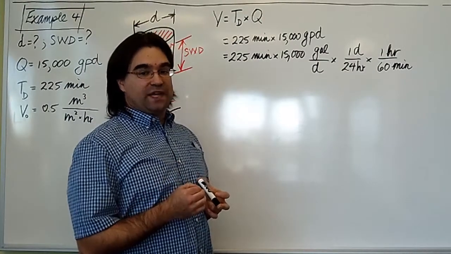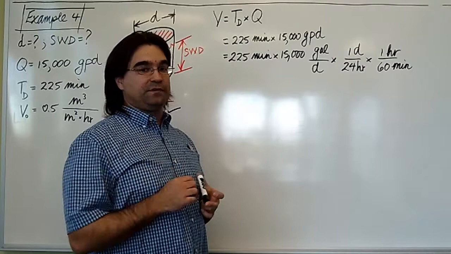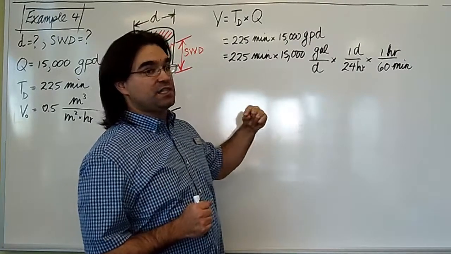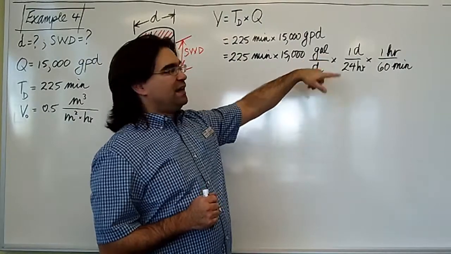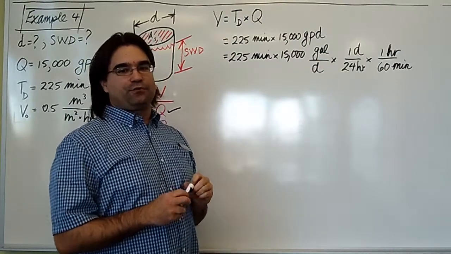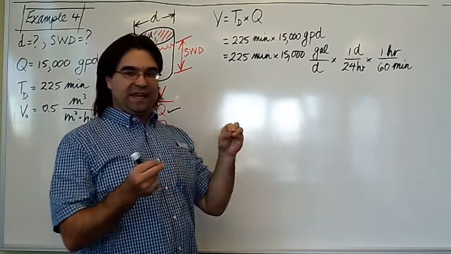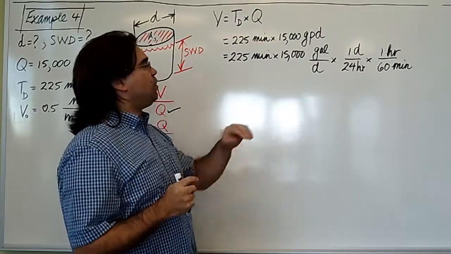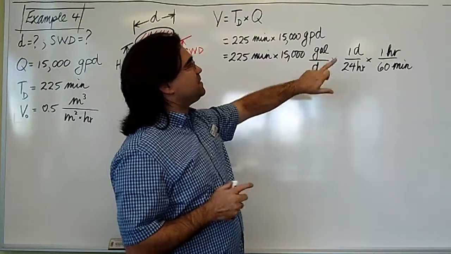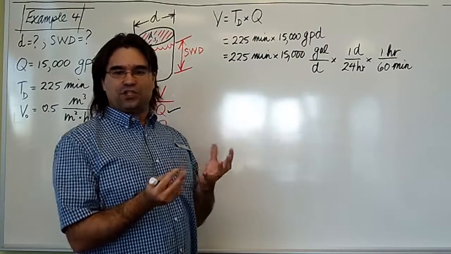Now, in addition to that, I'm also going to be preemptive and recognize that the units I'm going to get out of this for volume is going to be in gallons. However, as an engineer, I prefer to work with units that have lengths to it when it comes to volumes. It just works out better. So I'm actually going to convert this gallons to cubic feet, which kind of makes sense.